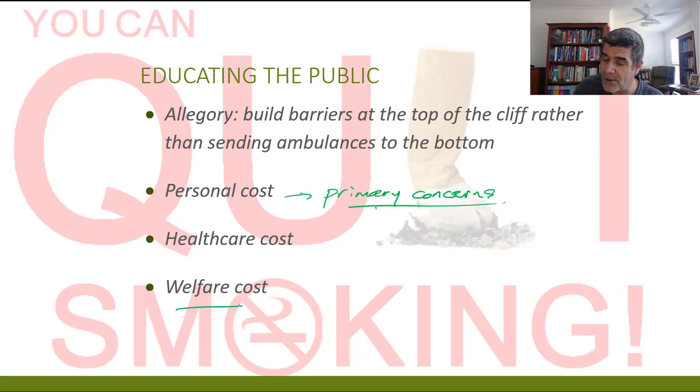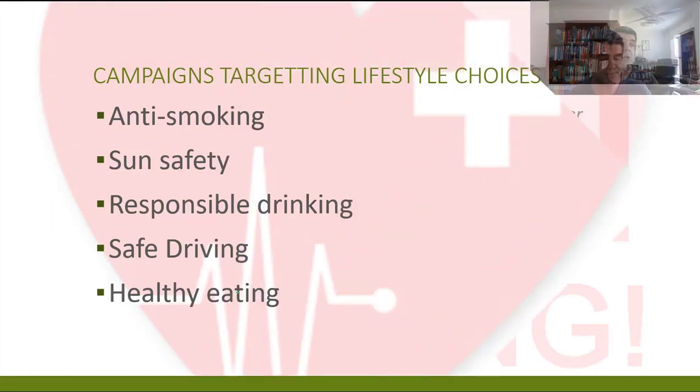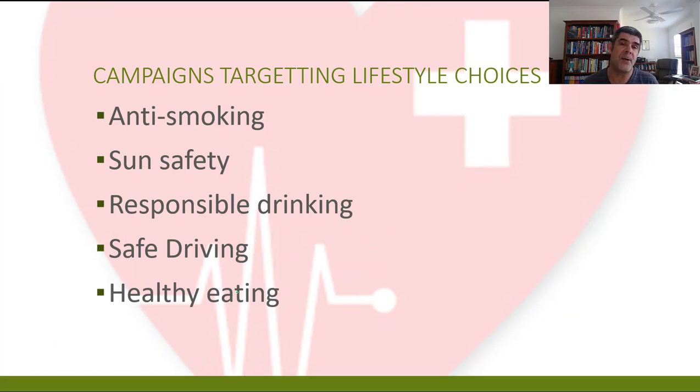And there are welfare costs as well, as there are a lot of people who are not in a position to be able to afford things like extra private health cover, and so therefore reliant on government health. And of course, there's a lot of people in that situation, not just those who are of working age, but an increasing number of people in our population who have gone beyond their working lives and are now in retirement. So we're going to look at some of these different types of campaigns.